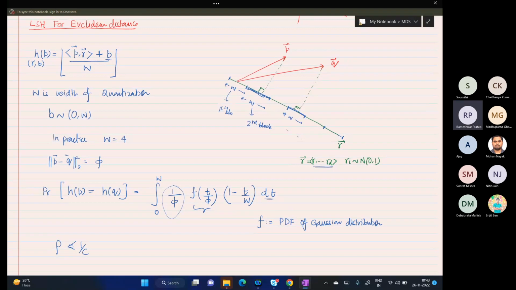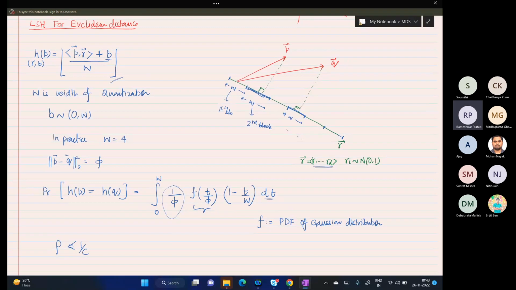Intuitively, I hope you'll be able to convince yourself that if we choose this hash function as HP, then the probability that the hash values of two data points P and Q are the same is inversely proportional to their Euclidean distance.